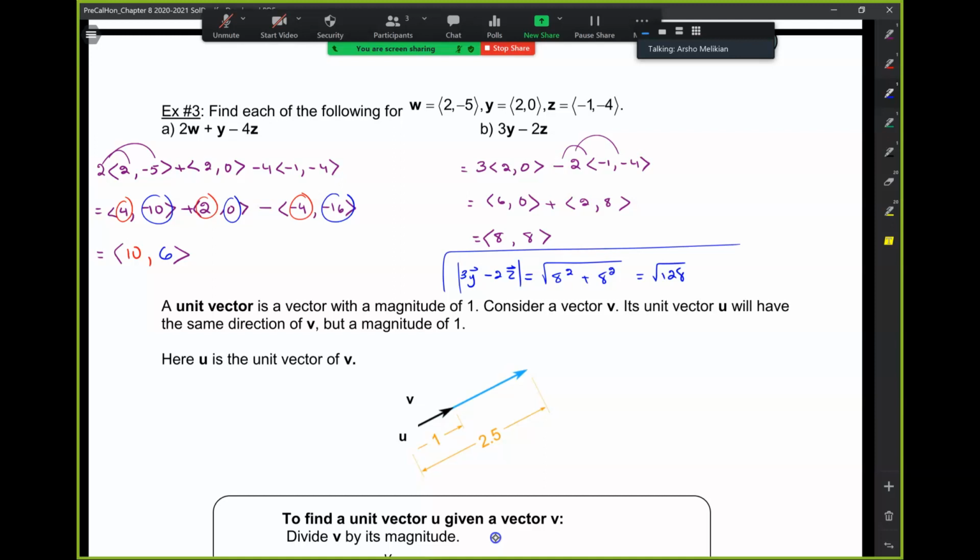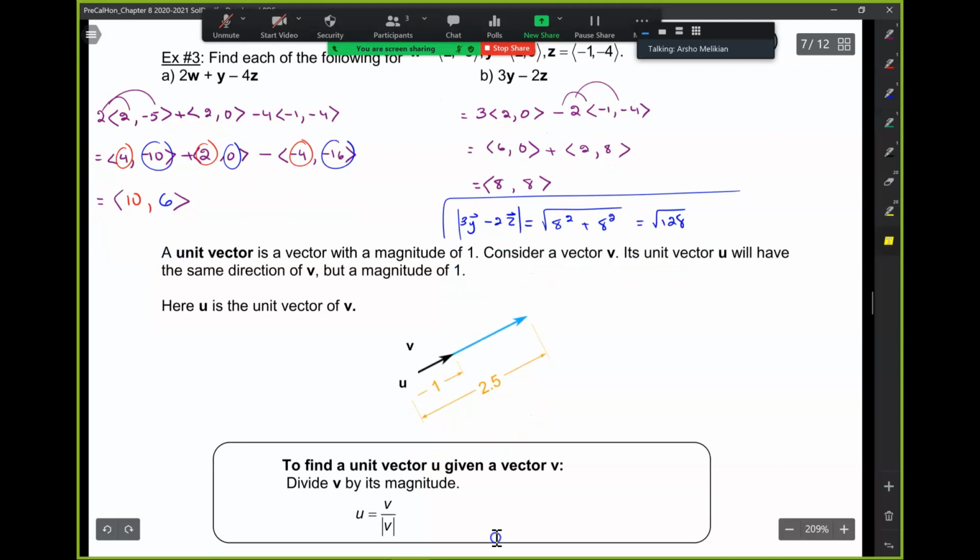Now, sometimes all you care about is the vector's direction, not necessarily the size of it. In that case, it doesn't really make much sense for you to carry around these long, huge vectors everywhere, right? If all you need is the direction. So we could basically just scale down the vector so that it's 1 unit long.